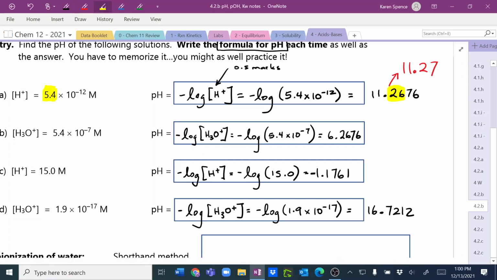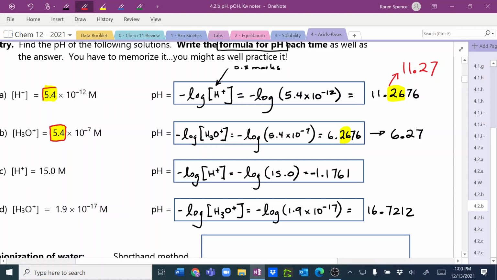Same thing for our next one. We still have 2 here, so we're going to round to 6.27. And I want you to notice that we have the same coefficient here.